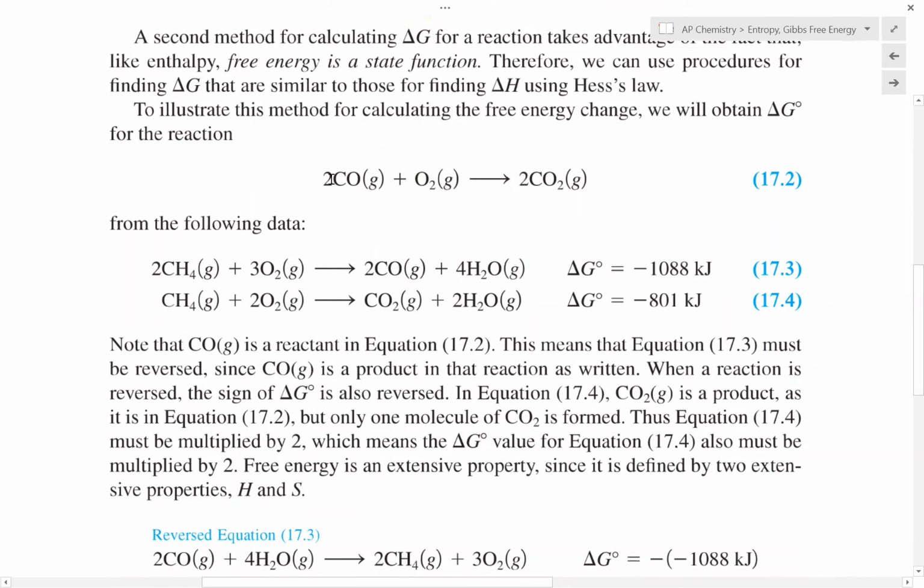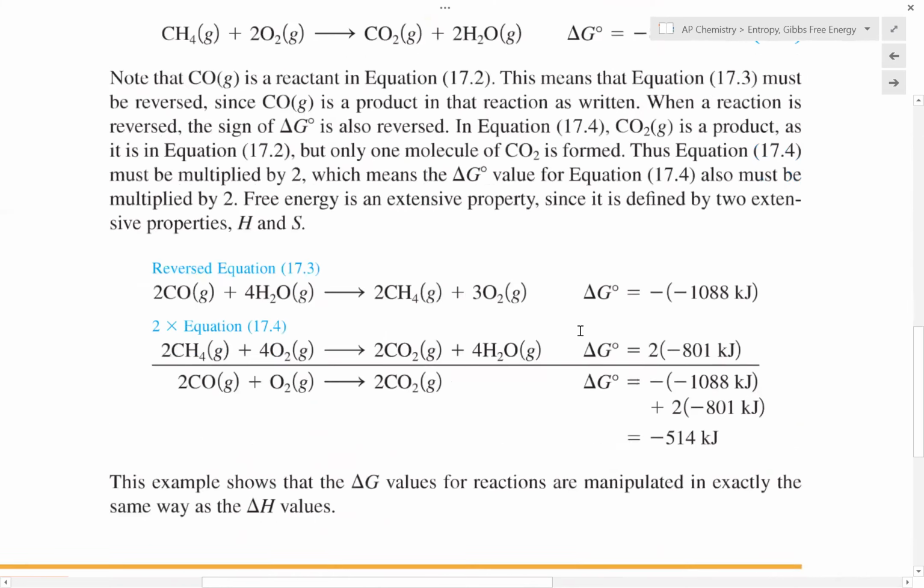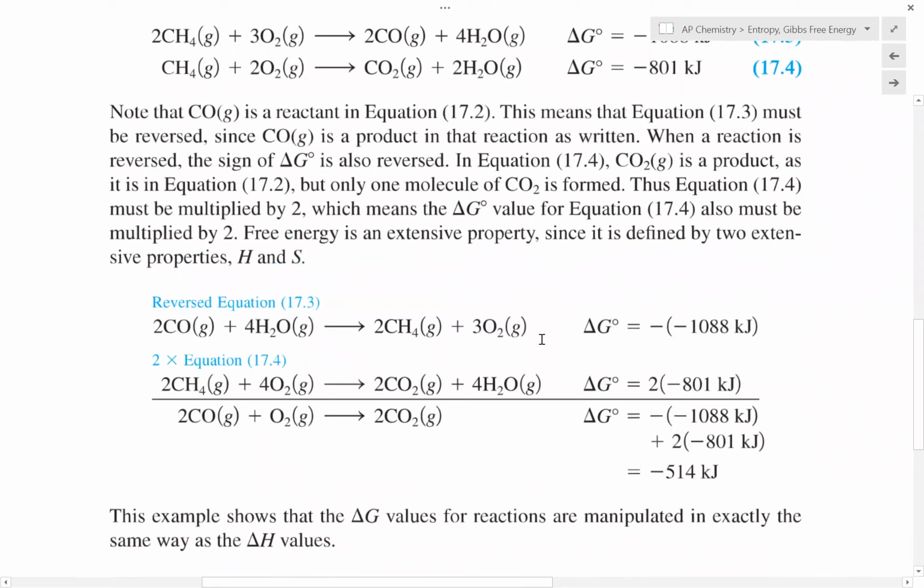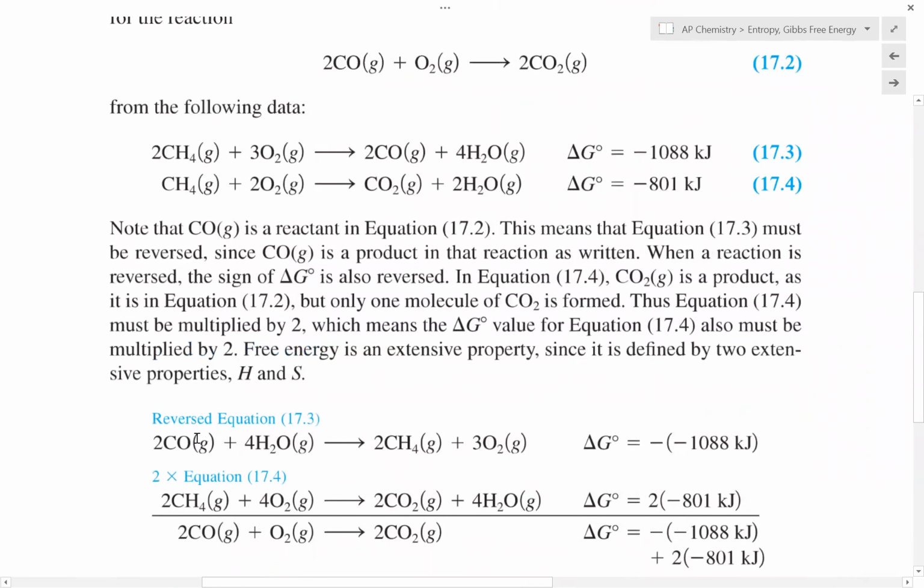Okay, so let's say we have carbon monoxide plus oxygen gives you 2 carbon dioxide. Since it is a 2-step process, just like with reaction mechanisms, just like with Hess's law back in Chem 11, we can combine the 2 equations, noting the first one we had to flip and the second one we had to double, and the delta G values were flipped or doubled accordingly.